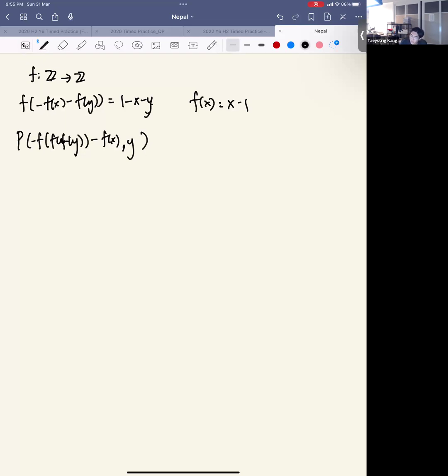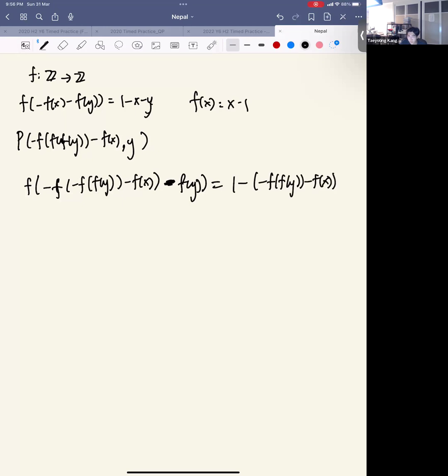So substituting this as x will give us f(-f(f(y) - f(x)) - f(y)) equals 1 minus f(y) minus f(x) minus y. Oh wait, sorry, I put an extra f here.